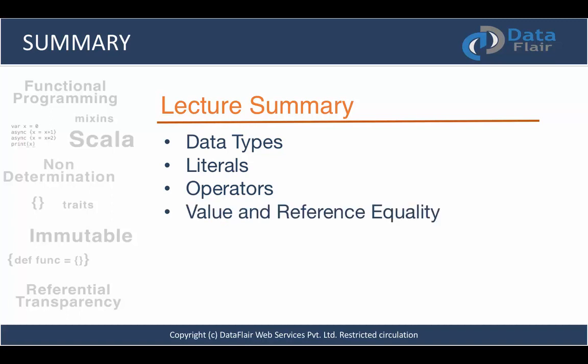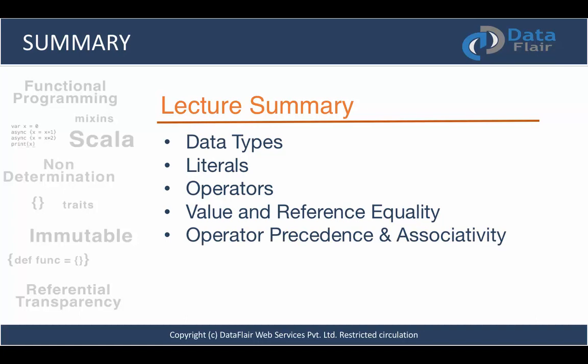Then we talked about value and reference equality: the normal double equal and not equal signs are used for value equality checks. Then we talked about operator precedence, top to bottom and left to right, and their associativity. We talked about how Scala's operators behave.